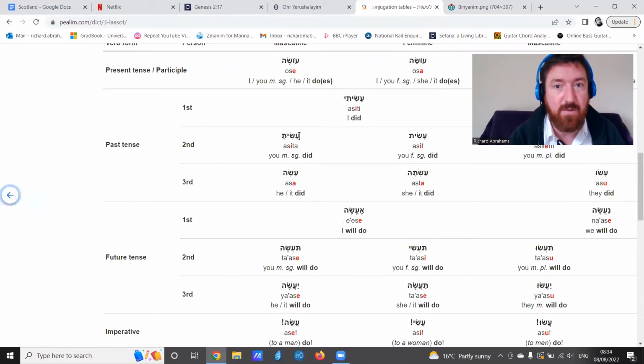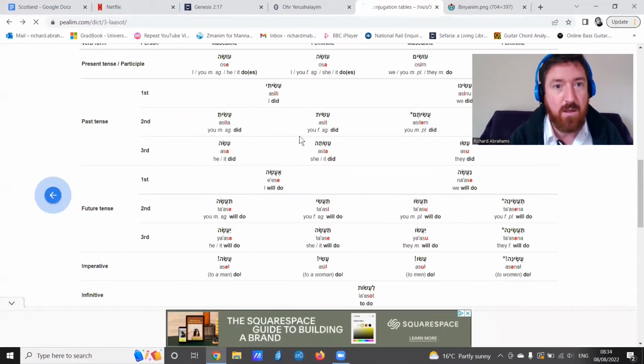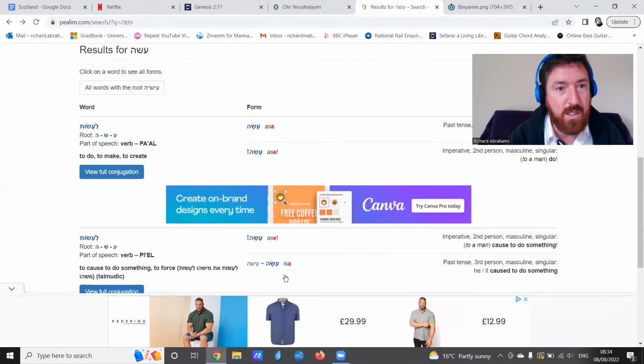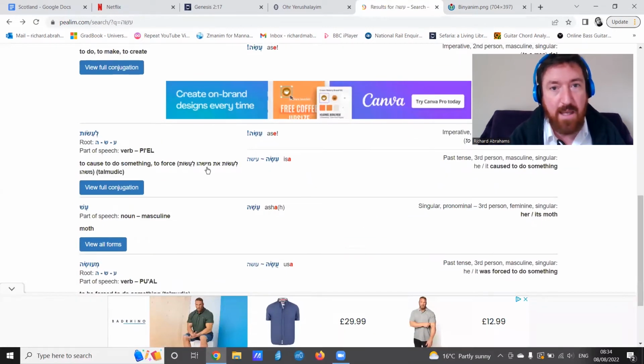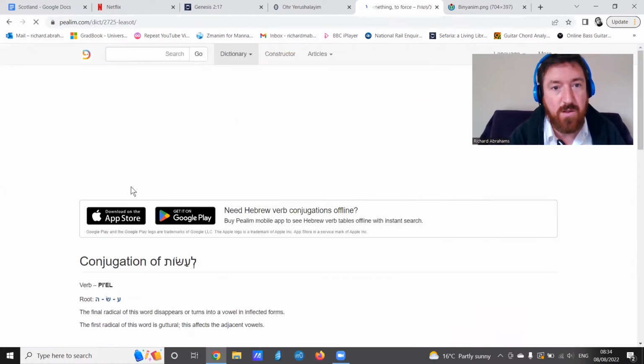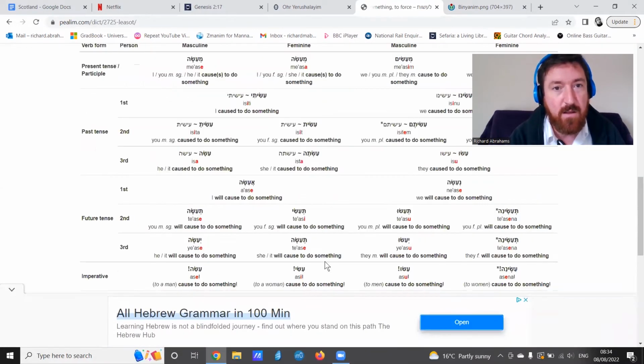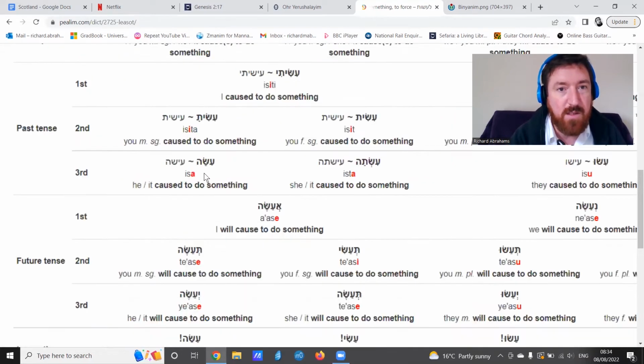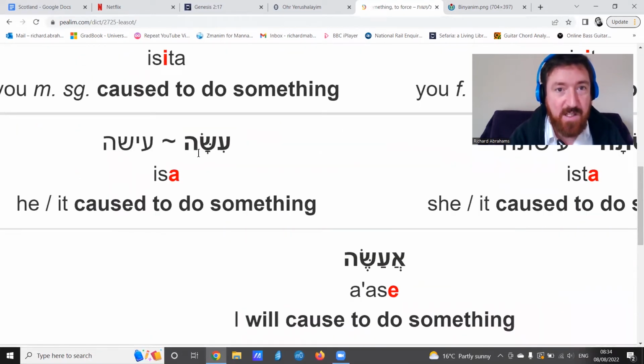So let's take a different branch and compare that again, okay? So let's go to the pi'el, right? And view full conjugation. So now the pi'el, right, in the third person masculine past tense gives us isa. Instead of asa, it's isa because it's pi'el, right?